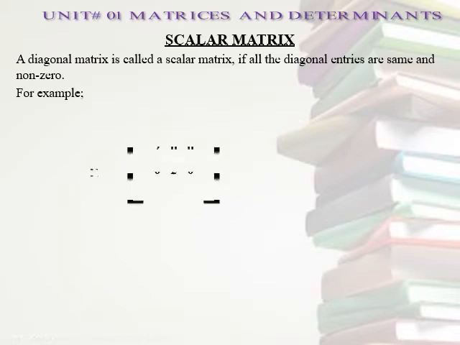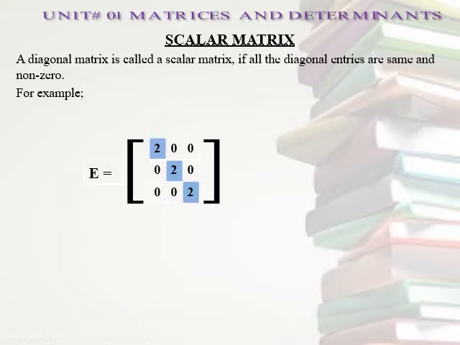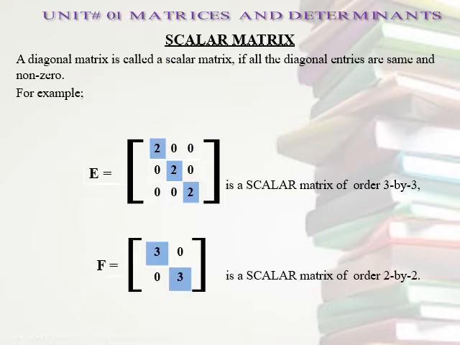For example, in matrix E, all the diagonal entries are the same and non-zero. So, matrix E is a scalar matrix of order 3 by 3. Similarly, the diagonal entries of matrix F are also the same and non-zero. So matrix F is a scalar matrix of order 2 by 2.